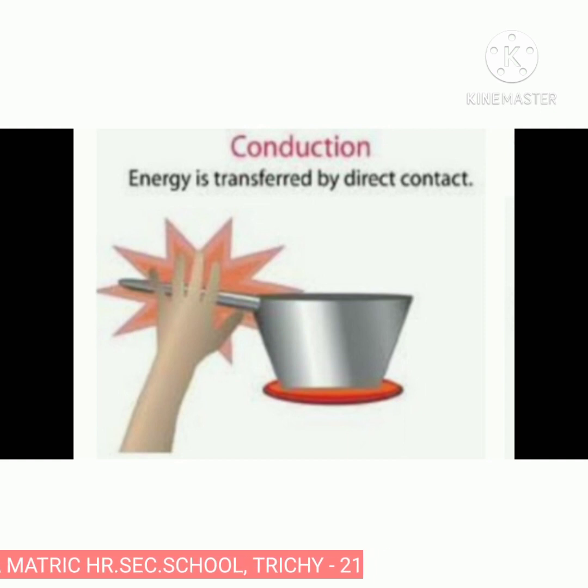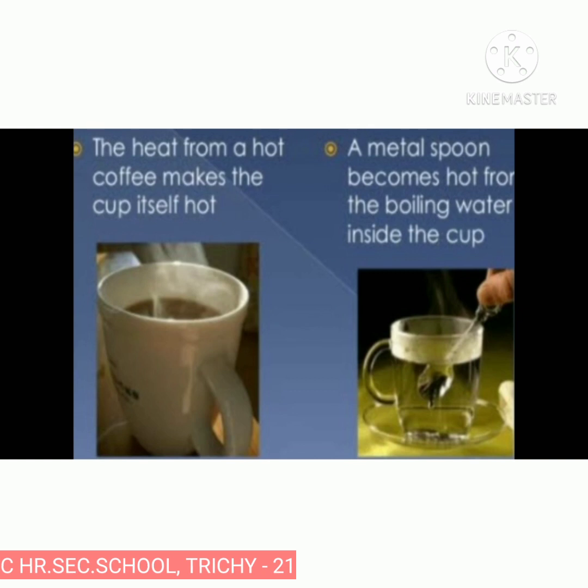Handles of cooking utensils are made of plastic or wood because they are poor conductors of heat. The heat from a hot coffee makes the cup itself hot. A metal spoon becomes hot from the boiling water inside the cup. These are examples of conduction.